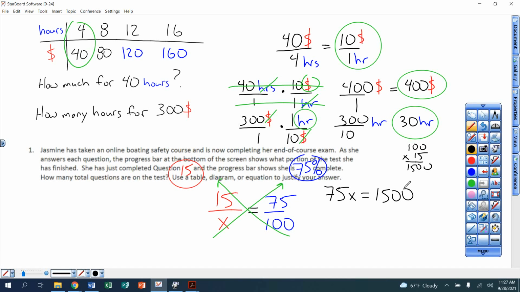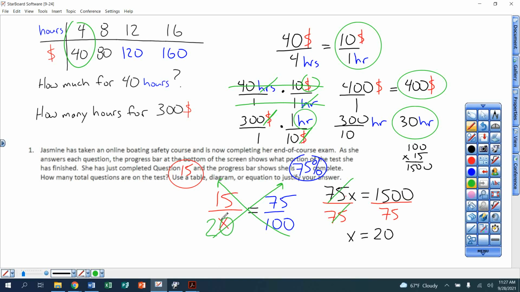The opposite of timesing by 75, dividing by 75. If I divide this side by 75, divide this side by that same number. These will cancel, just like units diagonally cancel. Leaves me just the x. And if I divide that right, 1500 divided by 75 gives me 20, which means that would be 15 out of 20 questions.